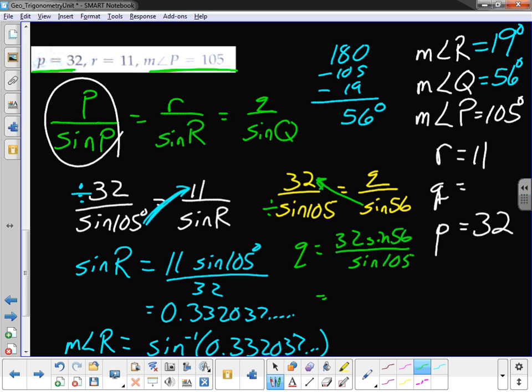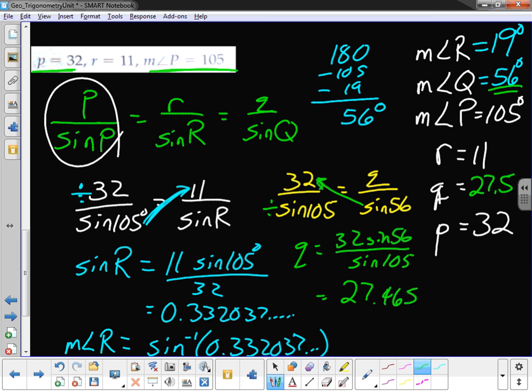I would use my calculator for that. So 32 sine 56, close the parenthesis, divided by sine 105, close my parenthesis, and I get 27.465, on and on, so 27.5, using the rounded 56 degrees.